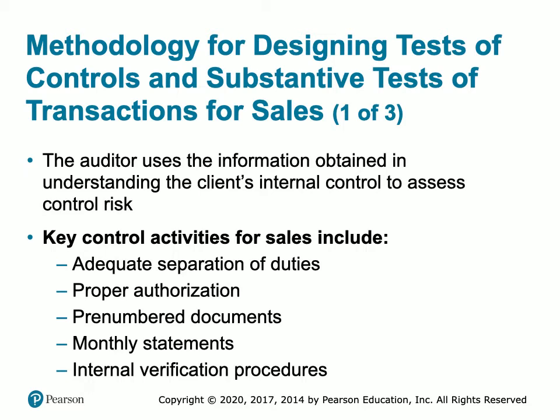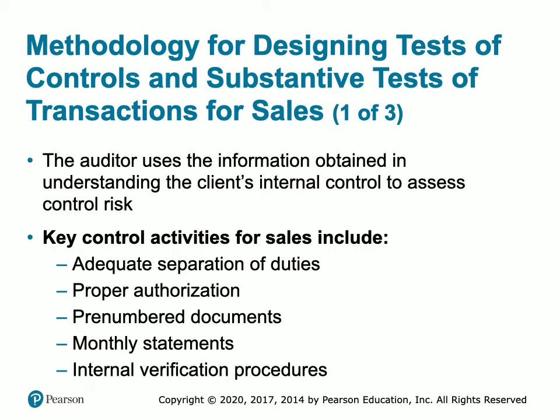Pre-numbered documents are not really as appropriate anymore since most of this transaction volume is going to be computerized. Monthly statements are also not necessarily as relevant since most customers will pay based on invoice rather than statement. But if monthly statements are part of the business flow, then you should test monthly statements and be aware of them.